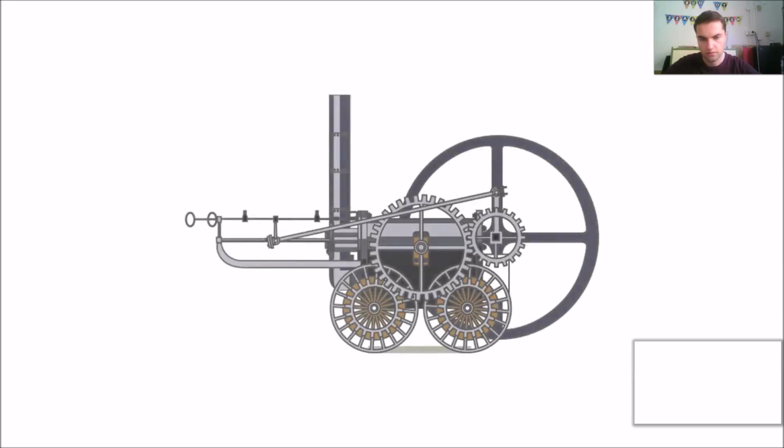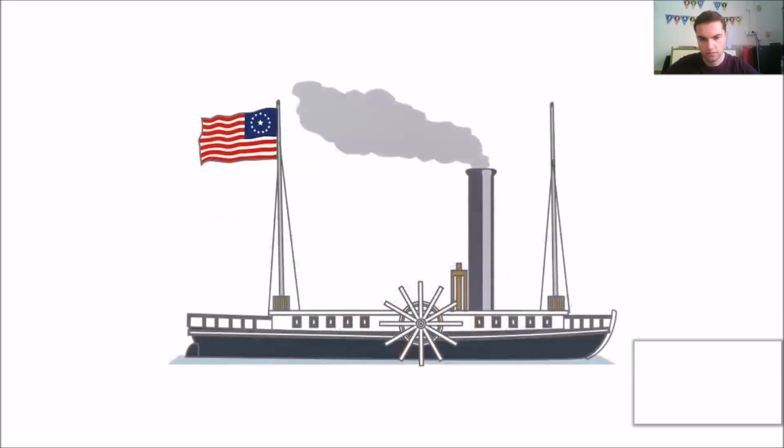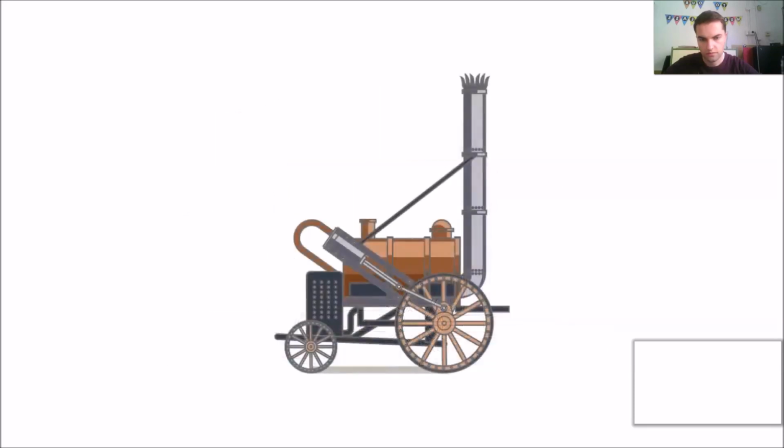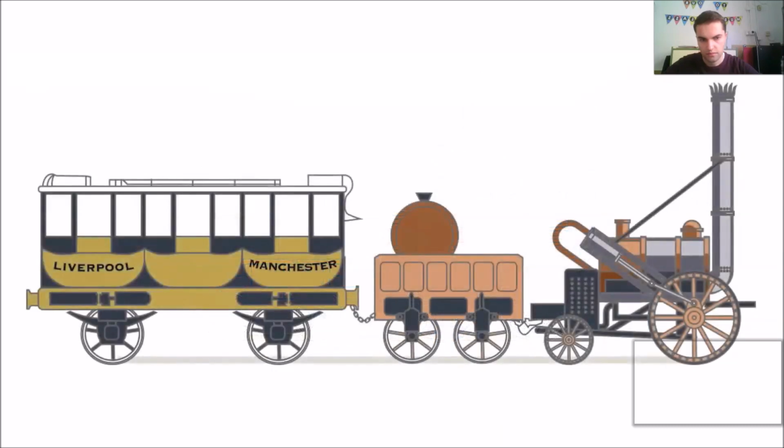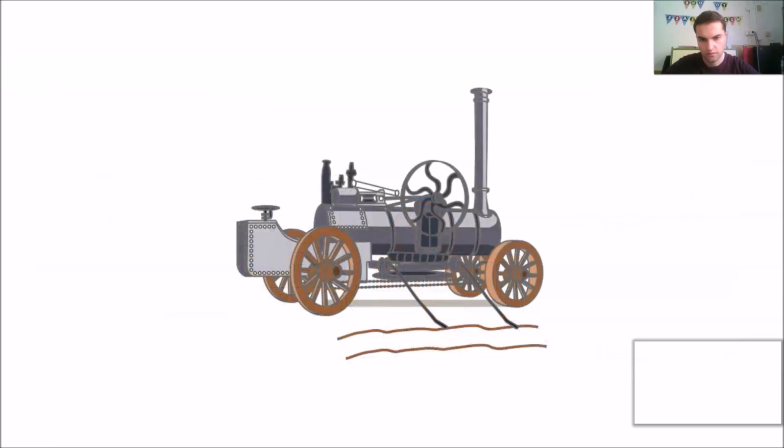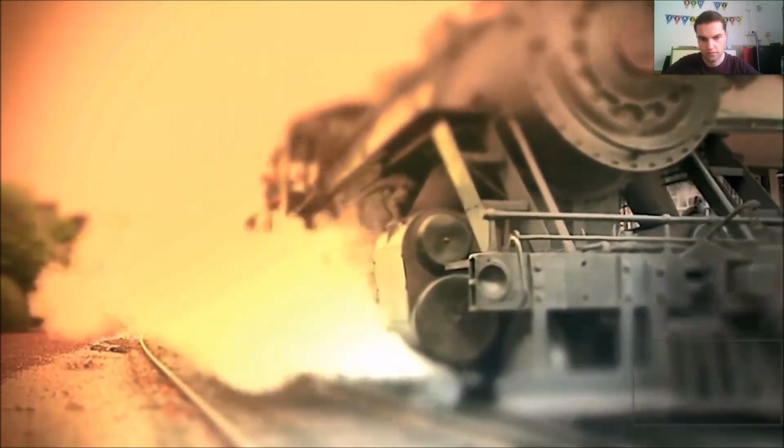By the mid-19th century, the steam engine played a decisive role in the Industrial Revolution. It powered many industries around the world, as well as all the main types of land and sea transport.